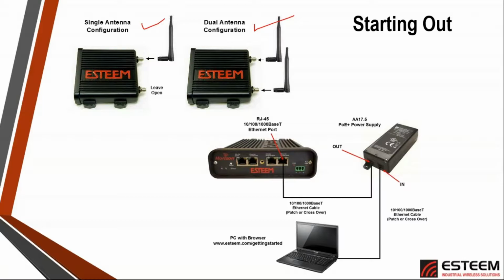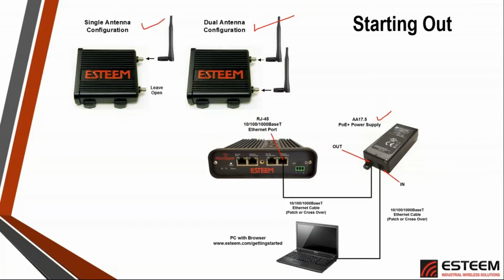Once that's done, we're actually going to program our radio through this PoE supply. In a couple of previous sessions, we have talked about how all these devices come in. This PoE injector is very simple. It has both an in and an out.